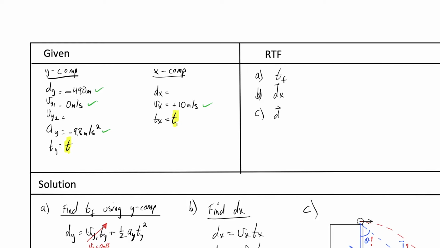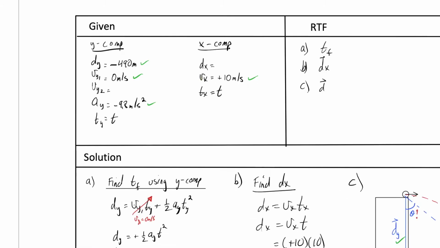So the two times, ty and tx, are the same. We're asked to find the flight time, the range or the displacement in the x, and then the actual total displacement. To find the time, we can use either the x-axis or the y-axis. Well, the problem is this: if we look at the x-axis, we only have one kinematic parameter. We need at least two to be able to solve for the unknown.